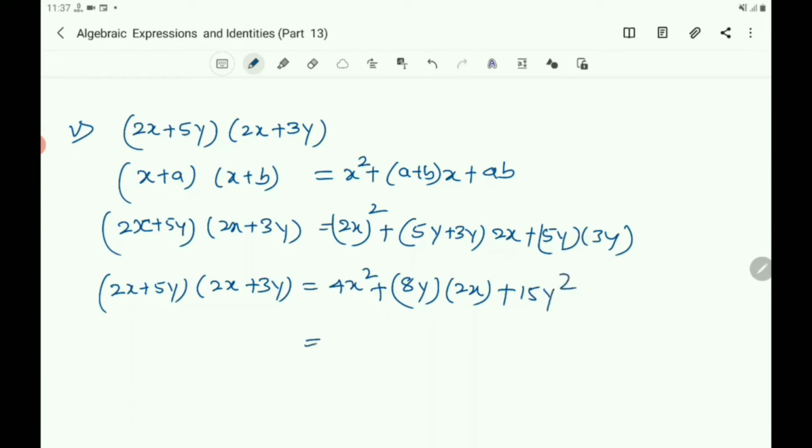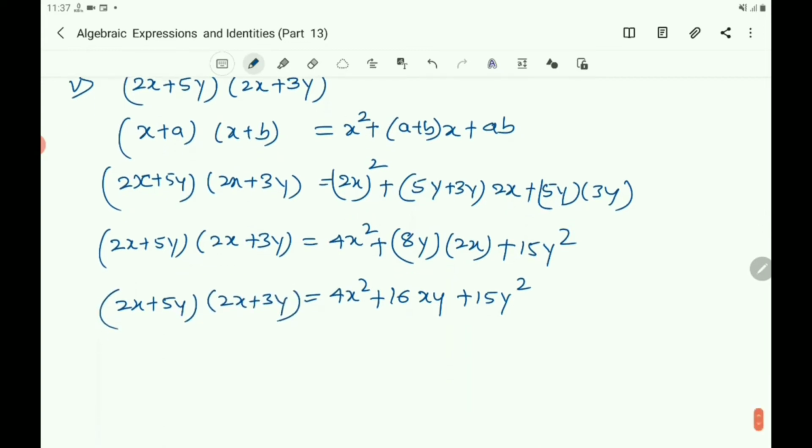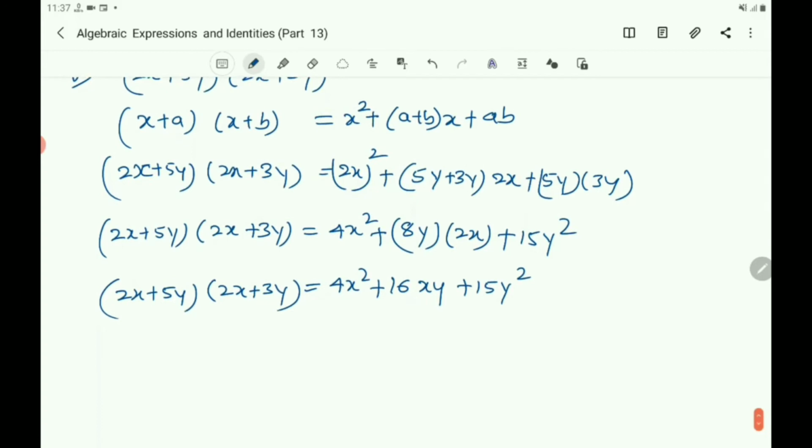Next you write that equals 4x square plus 8 2s are 16xy, plus 15y square. Then the product of 2x plus 5y into 2x plus 3y is 4x square plus 16xy plus 15y square.